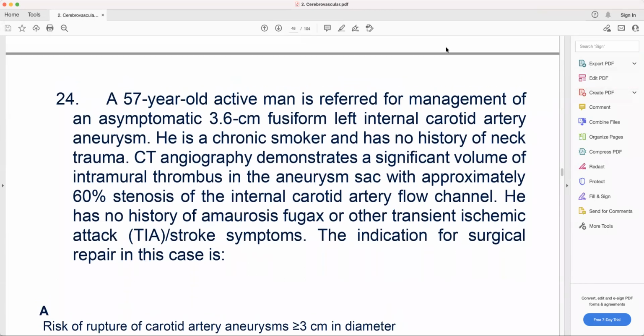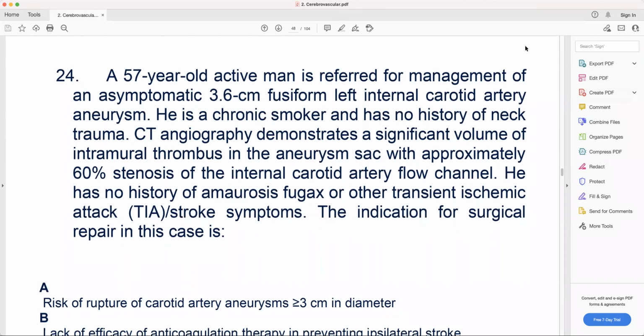Yes, Doctor. A 57-year-old active man is referred for management of an asymptomatic 3.6 centimeter fusiform left internal carotid artery aneurysm. He's a chronic smoker and has no history of neck trauma.